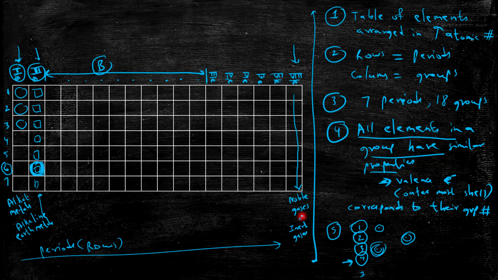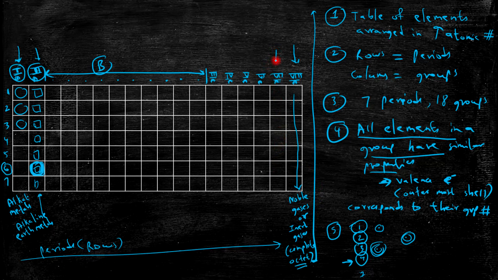They do not react with other elements. And the reason for that is they are happy. They are happy because their outermost shell has 8 electrons, so that is what is called a complete octet. Any element which has a complete octet, meaning 8 electrons in the outermost shell, is the most stable and does not react with other elements.